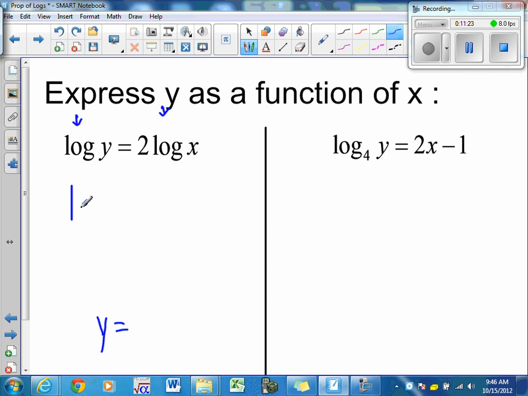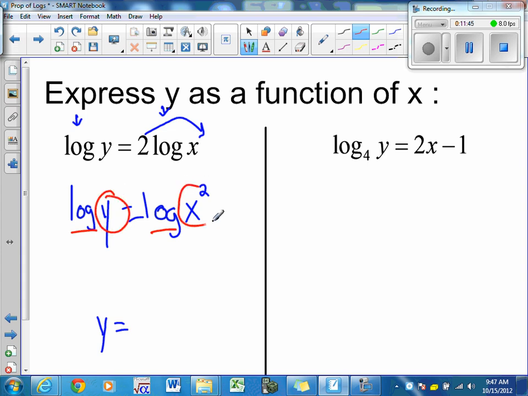What we want to do when there's a logarithm on each side is get both sides to just the log. This 2 in front I can bring up to get x squared. So I have log of y equals log of x squared. Now both sides are the common log, so all I have to do is set what's inside of them equal.